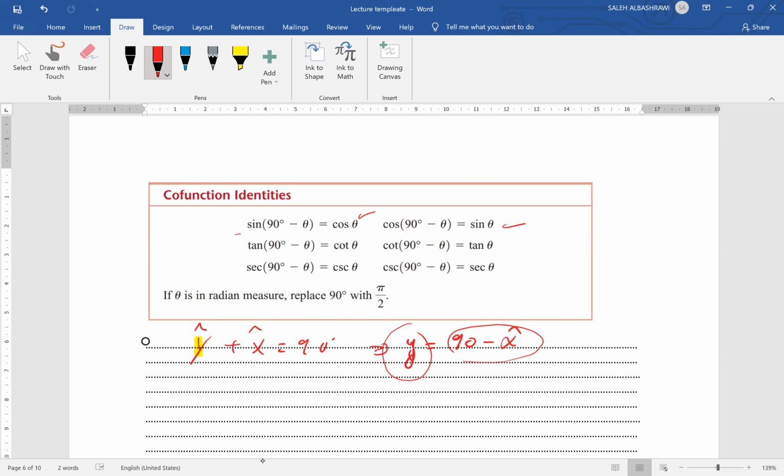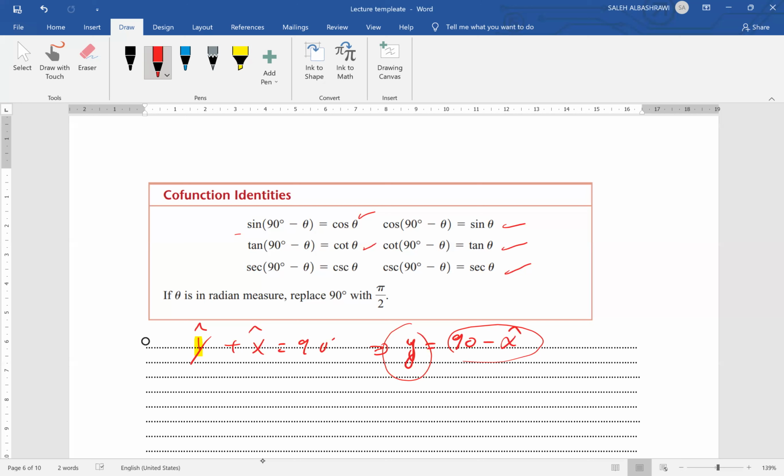Tangent of 90 minus theta equals cotangent of theta, and cotangent of 90 minus theta equals tangent. So sine with cosine and tangent with cotangent. Secant of 90 minus theta equals cosecant of theta, and cosecant of 90 minus theta equals secant of theta. This is if theta is given in degrees.